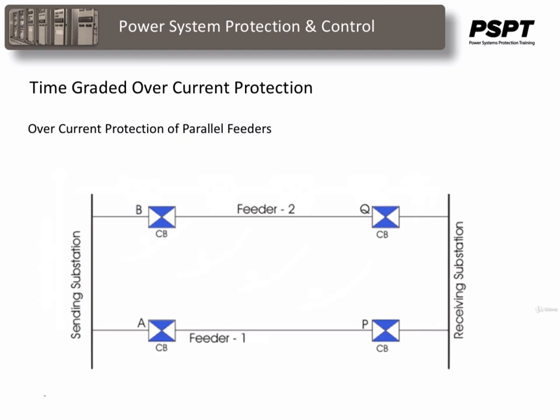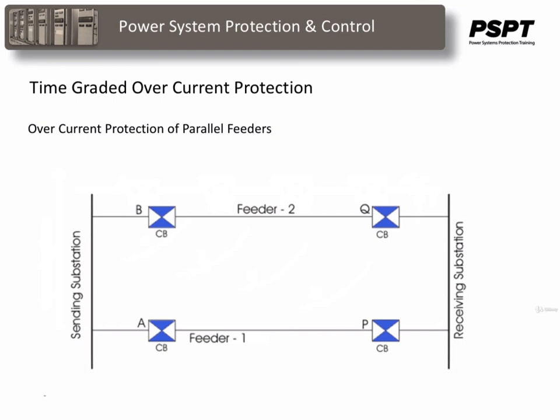Sometimes, for maintaining the stability of a system, it is required to feed a load from the source by two or more feeders in parallel. If a fault occurs in any of the feeders, only that faulty feeder should be isolated from the system in order to maintain the continuity of supply from the source to the load.